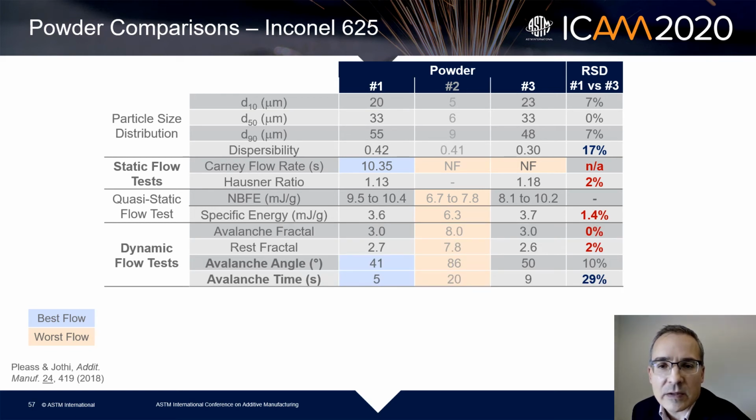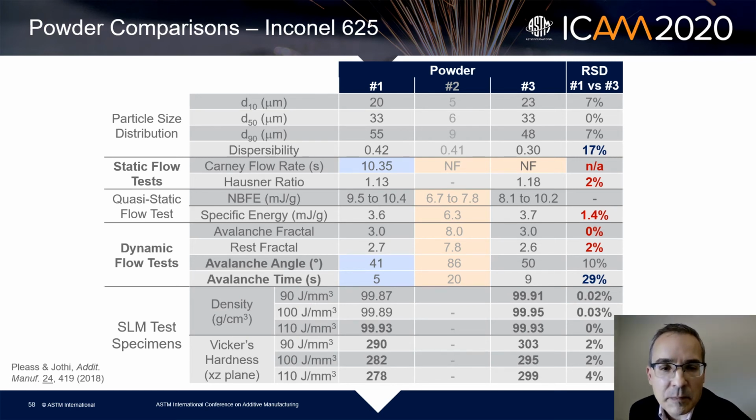In the dynamic flow tests on the Mercury Scientific rheometer, about half of the parameters that they examined showed moderate to strong ability to resolve a better flowing powder in agreement with the static flow test, in this case the Carney flow rate. And again, they all identified the poorly flowing powder pretty easily.